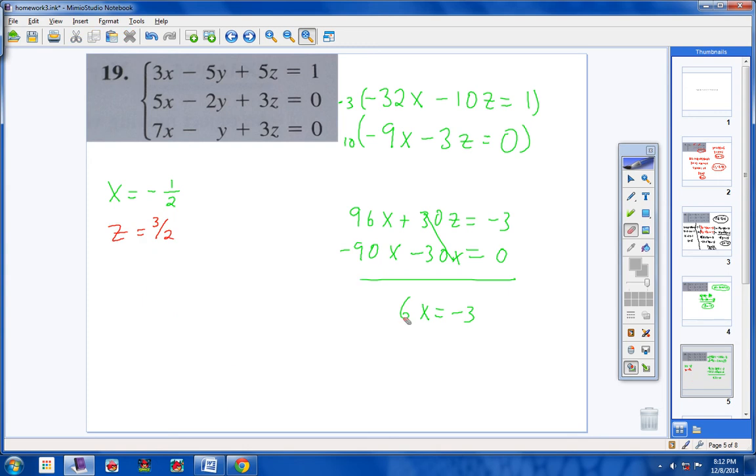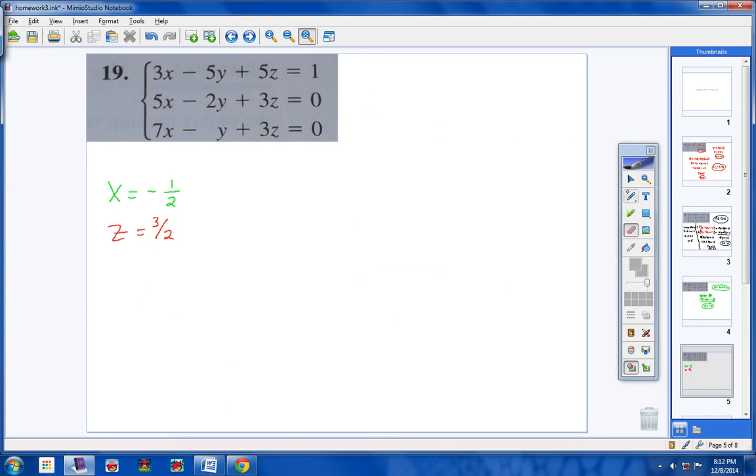So really, students, the only thing left to do is to take any of these equations. It doesn't matter which one. Put a value in for x, put a value in for z, and solve for y. Now I'm going to go with the one that's the smallest coefficients. I guess this one here would probably do. So here we go. 7 times negative 1/2 minus y plus 3 times 3 halves equals 0.